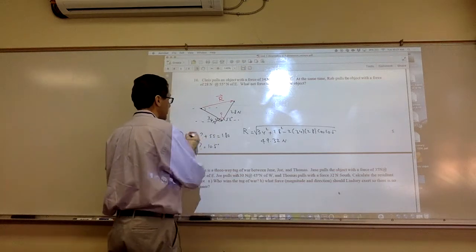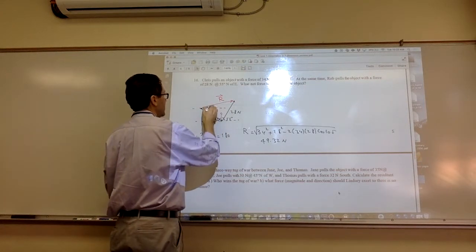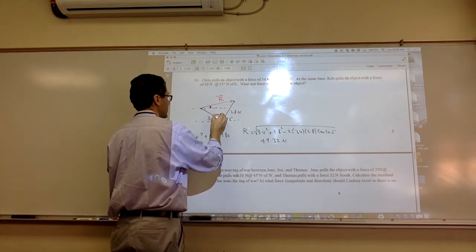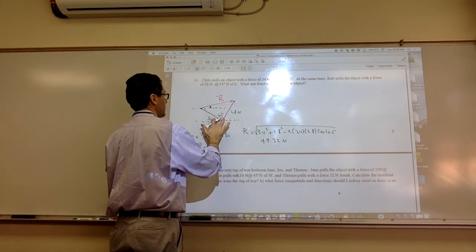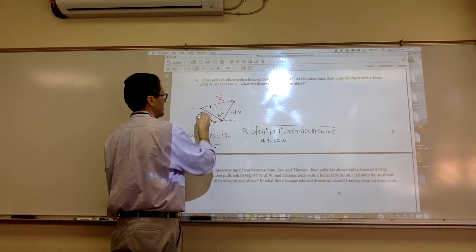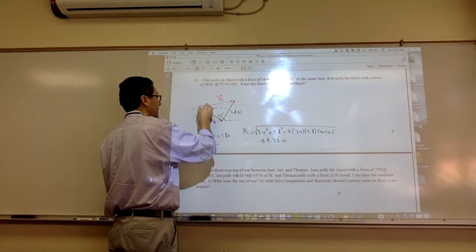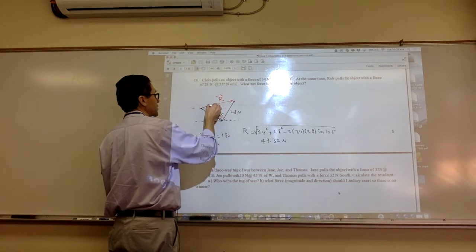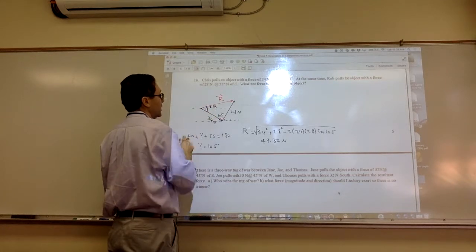Now the next thing we have to do is figure out what this angle is. Okay? Now this is 105 here. Now I'm going to do law of sines. And I'm going to try to find this bigger angle. And once I find that, to find this small angle here, let's just call that theta, I can subtract 20.